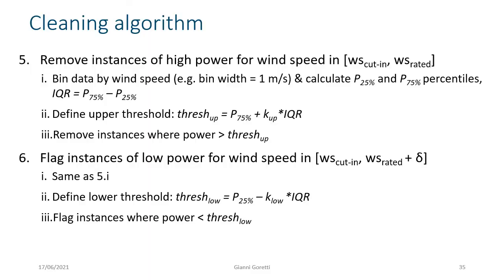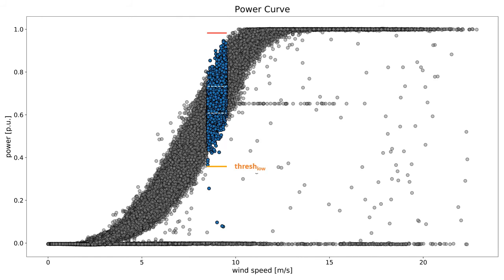Finally, the instances of low power when the wind speed is between the cut-in wind speed and the rated wind speed are flagged. So similar procedure as in the previous step, data are binned. This time a lower threshold is defined, and observations below this threshold are flagged as anomalous.